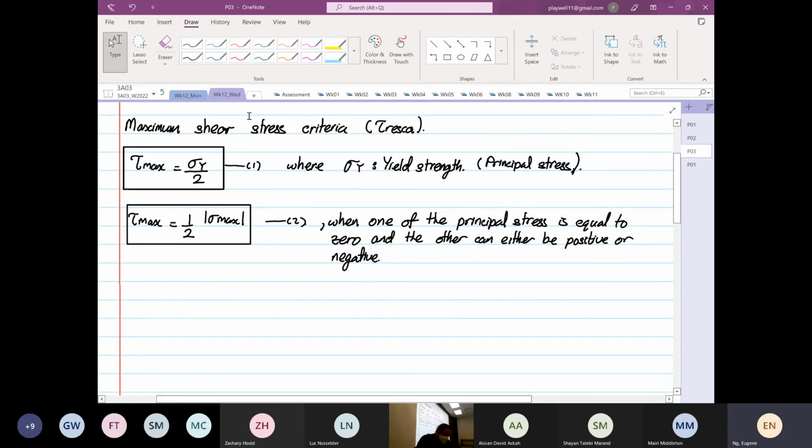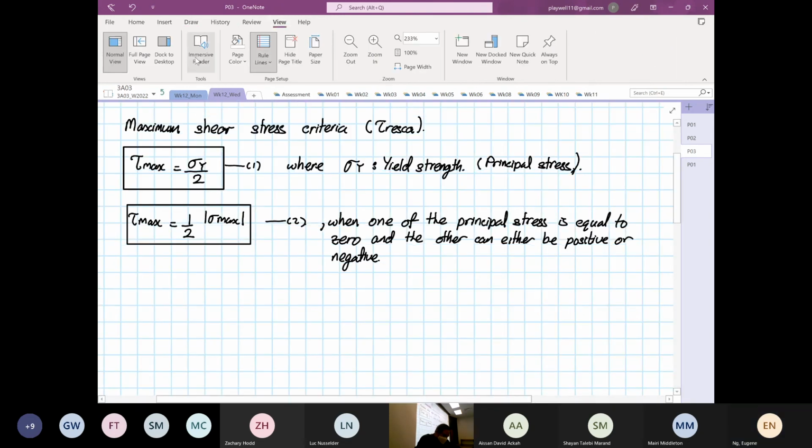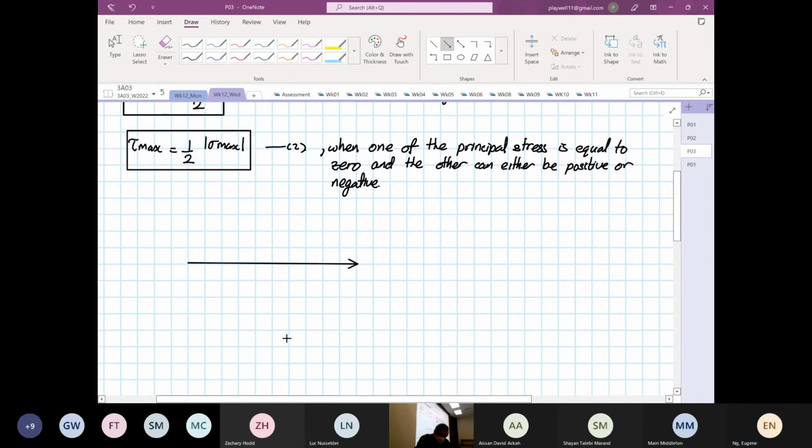Okay, so if we were to briefly sketch Mohr's circle, this is our normal stress, and this is our shear stress. So this is our normal stress, shear stress, element rotate clockwise, element rotate anti-clockwise.